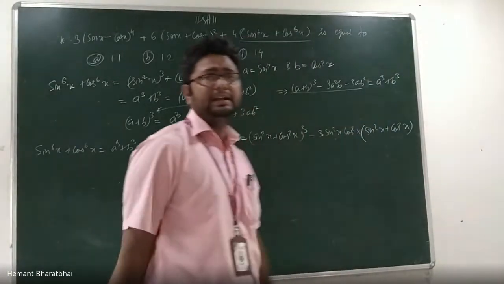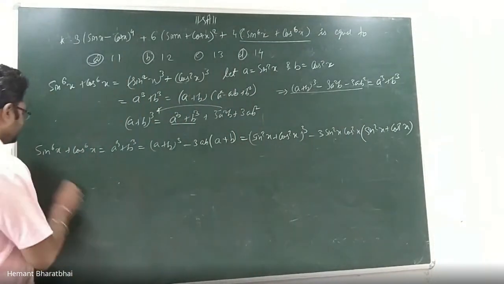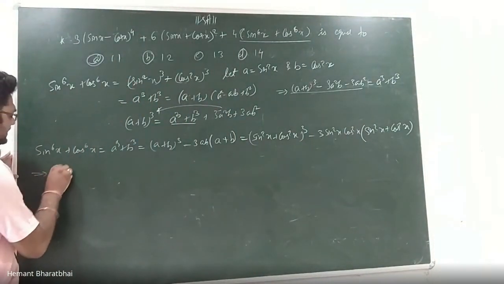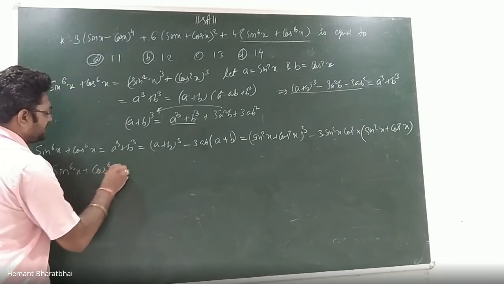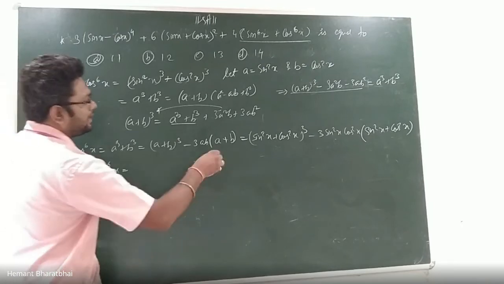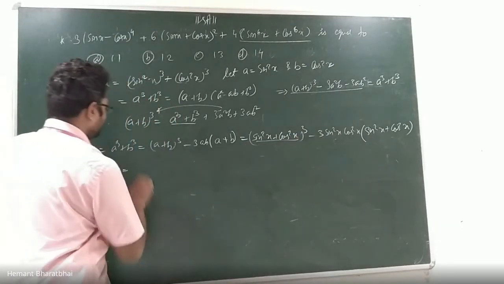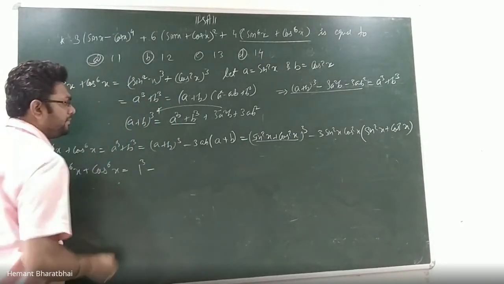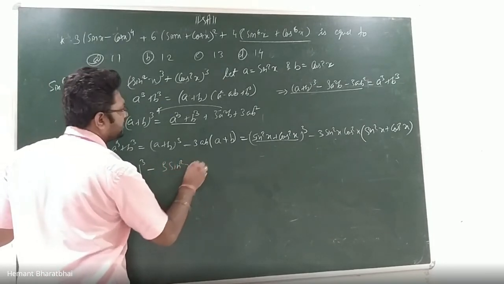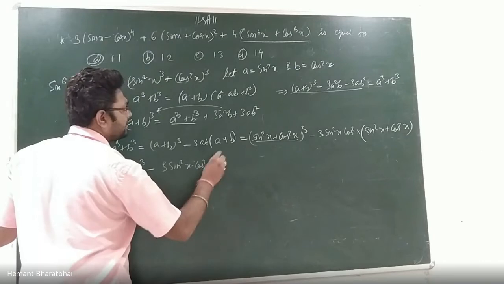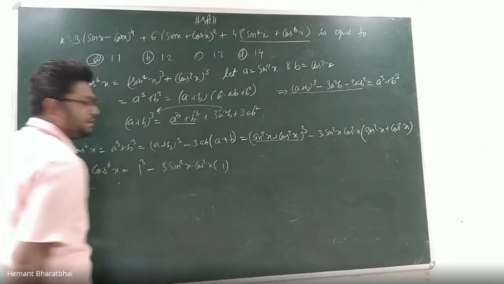So we know by identity sin square x plus cos square x is equal to 1, which implies that sin raised to 6x plus cos raised to 6x is nothing but equal to 1 cube minus 3 sin square x into cos square x, since sin square x plus cos square x is 1.